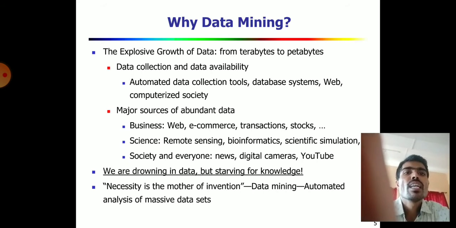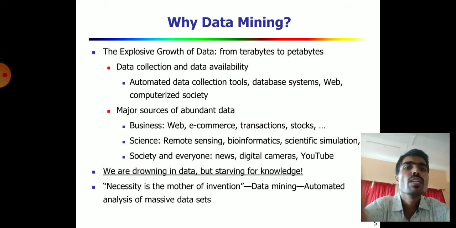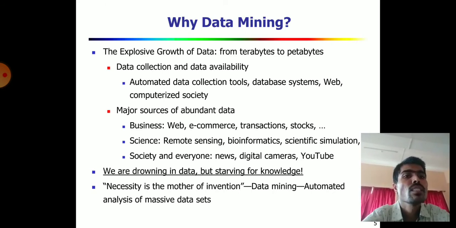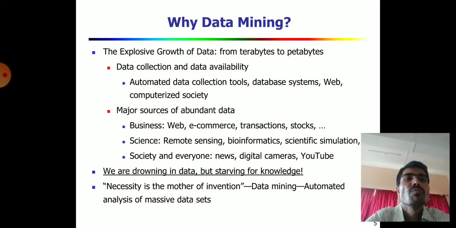Major sources of abundant data are, for example, business, web, e-commerce, transactions, stocks; in science, remote sensing, bioinformatics, scientific simulations; and in society everywhere, news, digital cameras, YouTube. Everywhere we have to handle huge amounts of data. So we are drowning in data but starving for knowledge. Lots of data is there, and we have to extract knowledge from that data. So that is the necessity, we have to mine the data.